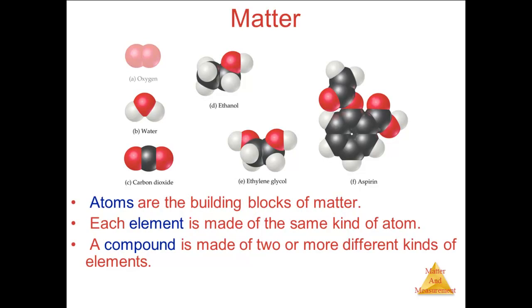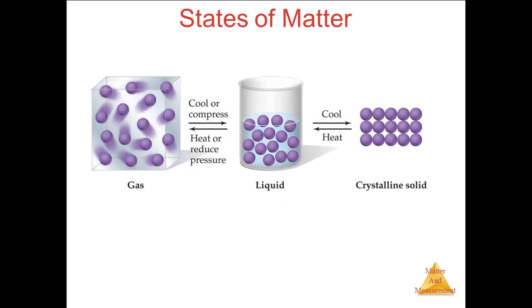Compounds are groups of atoms that contain different elements. Physical changes are changes that change the physical state of matter without changing the arrangement of the atoms. The three common physical states are solids, liquids, and gases.